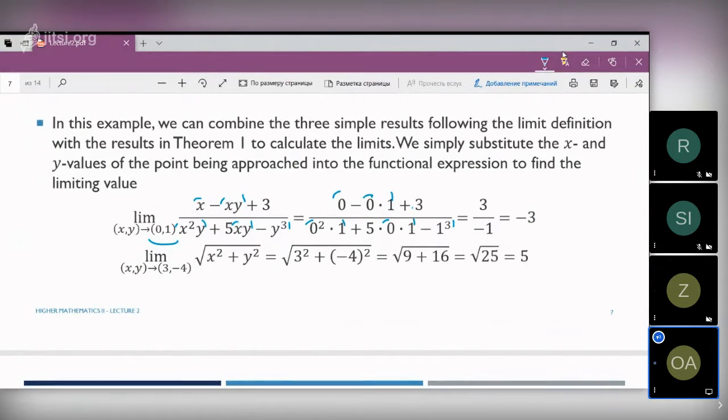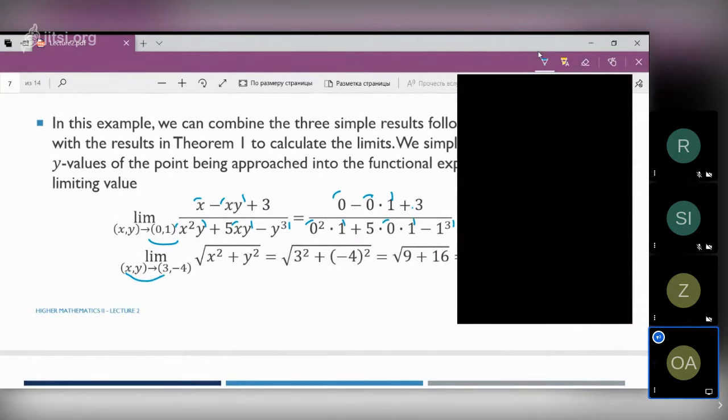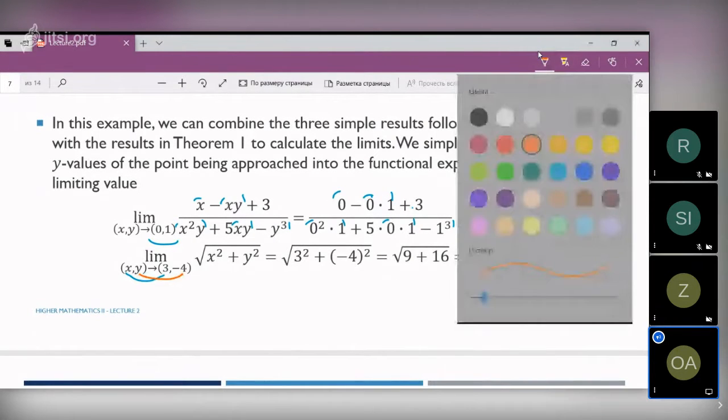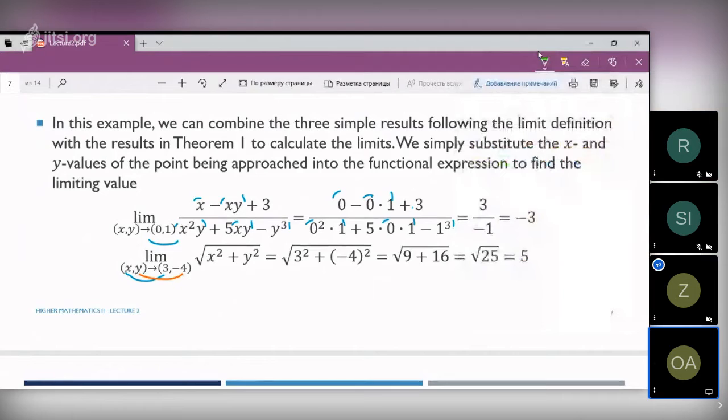Okay, the next example says the limit as (x, y) tends to (3, negative 4). So x tends to 3 and y tends to negative 4. The function is the square root of x squared plus y squared.